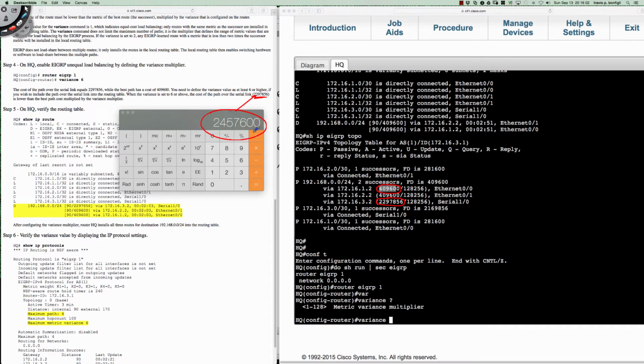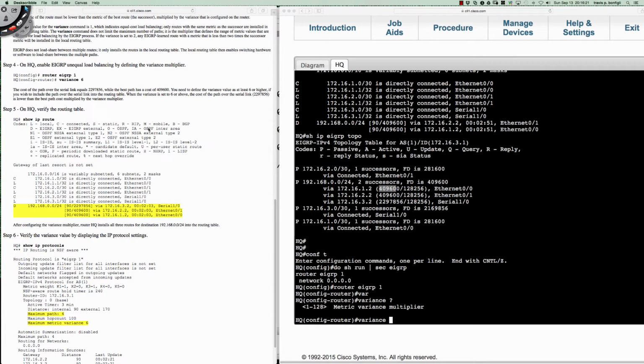And that's a key. In order to do unequal cost load balancing, you can only do it with routes that meet the feasibility condition, because that's the only way to guarantee that you're going to be doing unequal cost load balancing over unequal cost links that are loop free. So again, there's a couple criteria. One, it has to be loop free, and two, it has to be a feasible successor.